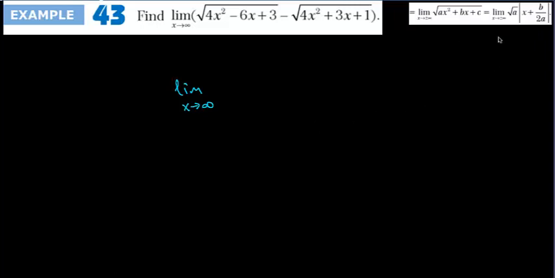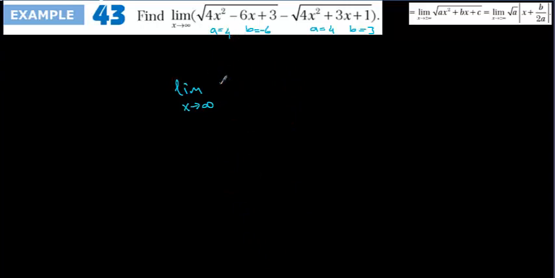With respect to this formula, for this one, a is equal to 2 and b is equal to minus 6. For this one, a is equal to 4 and b is equal to 3. With respect to these, I'm going to write this one, but here a is equal to 4. I made a mistake.